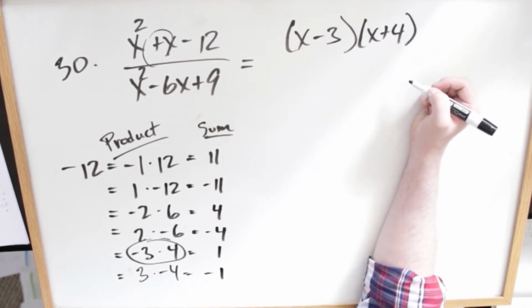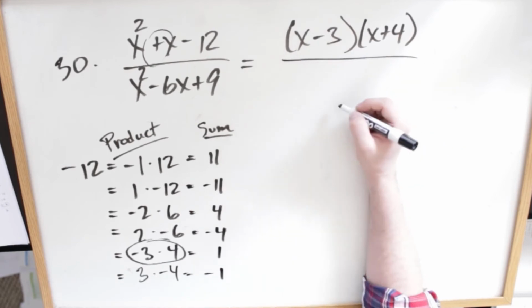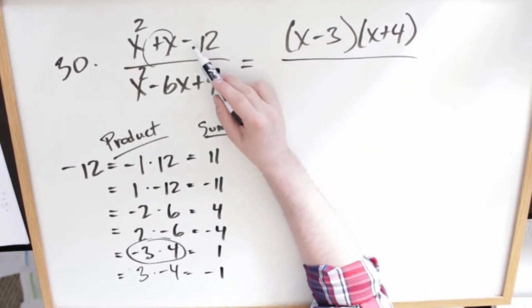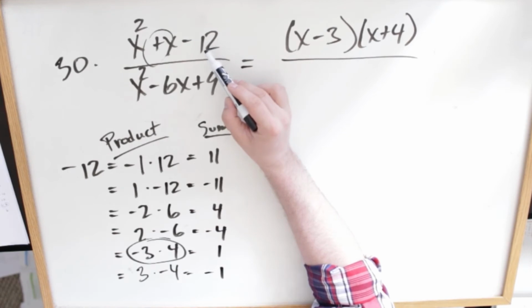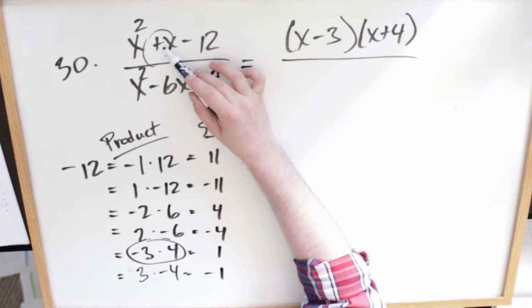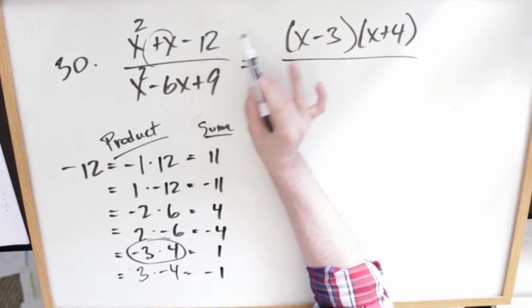And as you start doing this, you'll really start to do it in your head a little bit more quickly. What I generally try doing is I'll look at the minus 12 and I'll just think of the numbers and the combinations of those numbers that would add up to equal whatever that number is in the middle. So 12, I know the factors are 12 and 1, 6 and 2, 4 and 3, I won't even think of the signs, okay?